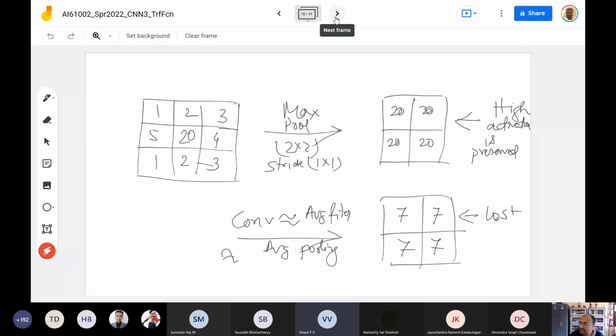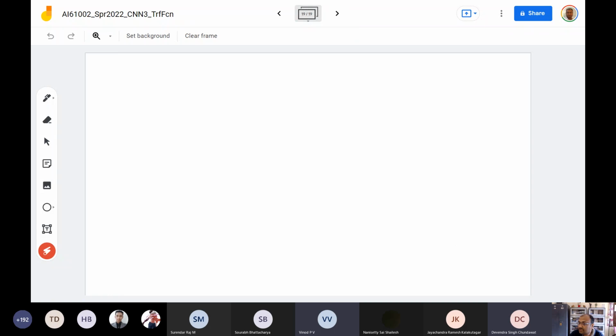Okay, so now I'll take a quick 5 minutes break before we start with the next one, which is about a transfer function.